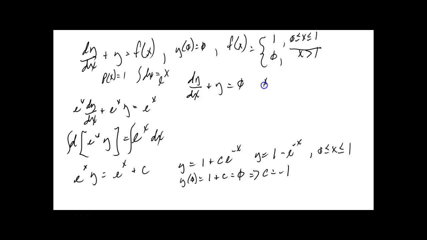This is anytime x is greater than 1. Everything else is still fine. We're just going to put in e to the x here. So e to the x dy dx plus e to the x y is equal to 0.